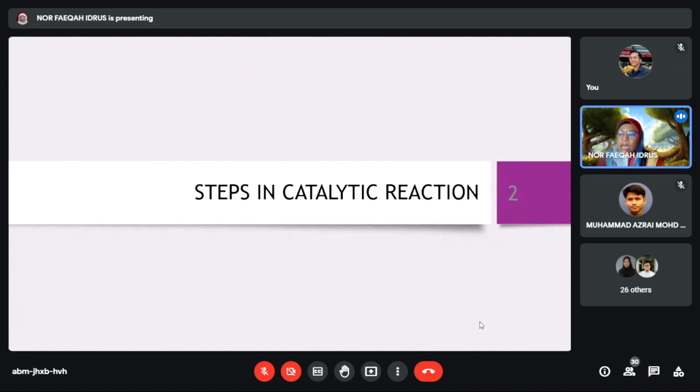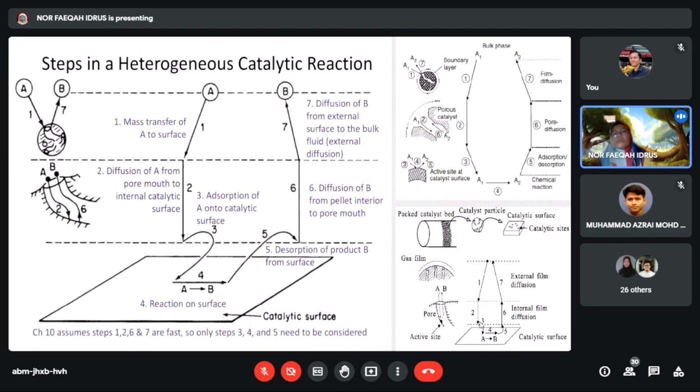Basically, for porous catalyst, there will be 7 steps of catalytic reaction. If the catalyst is non-porous, we will look at it later. So first we look at the porous catalyst.